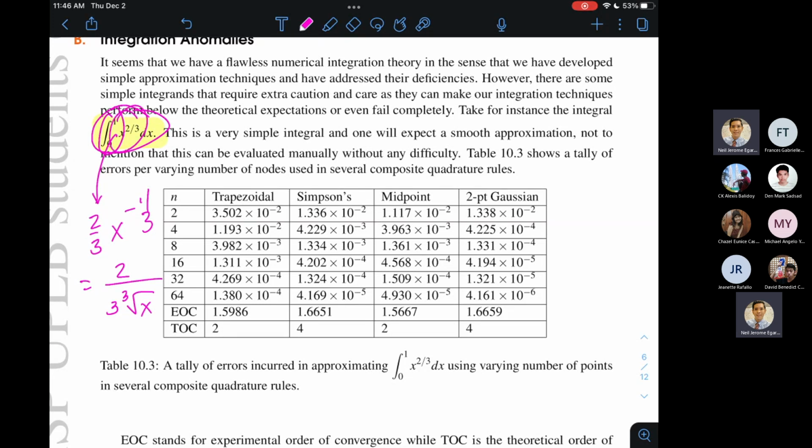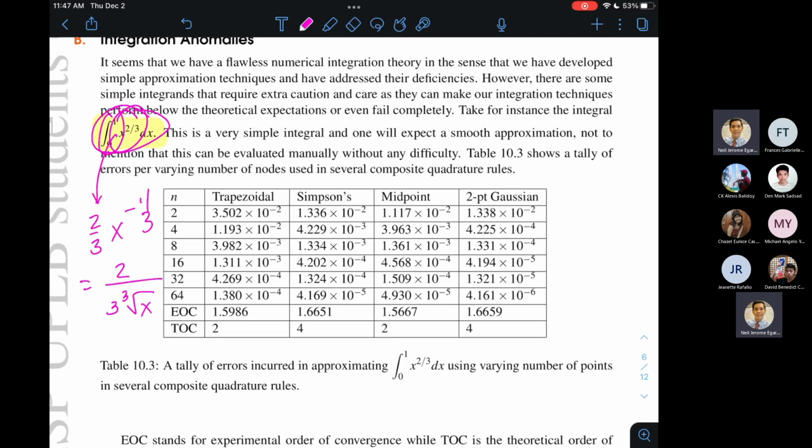However, x to the 2/3 is not smooth kasi yung first derivative niya ay 2 over 3 cube root of x which is not continuous on the closed interval 0, 1. Pero yung error bound para sa trapezoidal rule, Simpson's rule, midpoint rule at two-point Gaussian requires the derivatives to be continuous. All right? So may point of discontinuity yung first derivative.